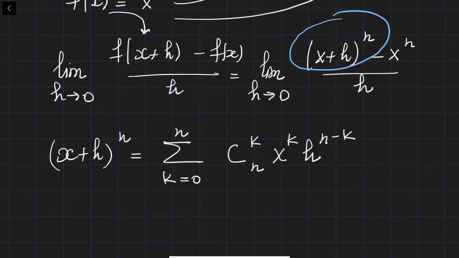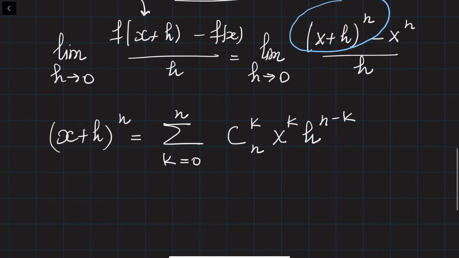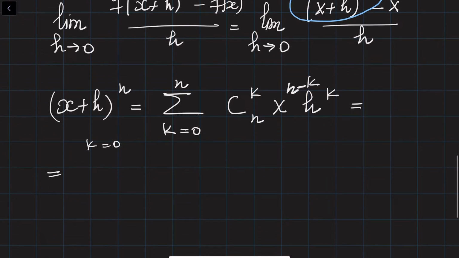Let's write down a couple of first terms. Let's use x to the power of n minus k and h to the power of k, so it will be easier to do the simplifications. When k is equal to 0, let's substitute k equal to 0 for all appearances of k.